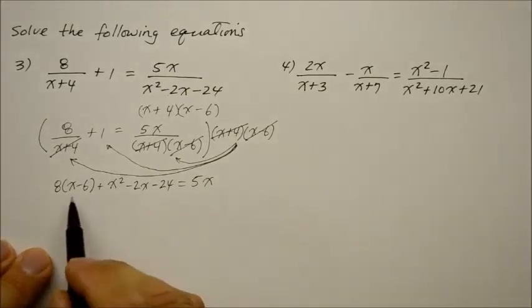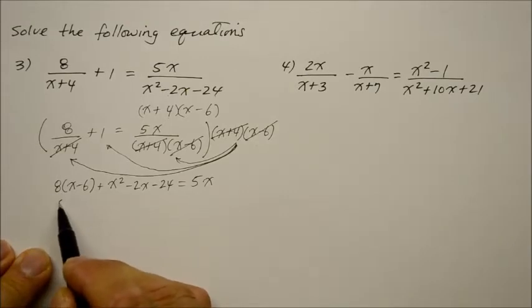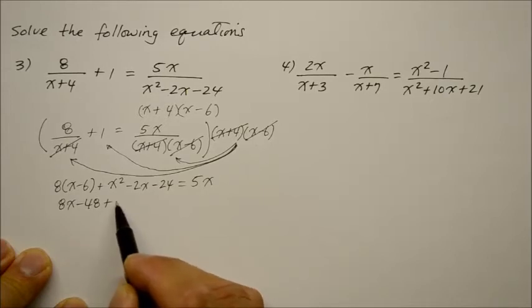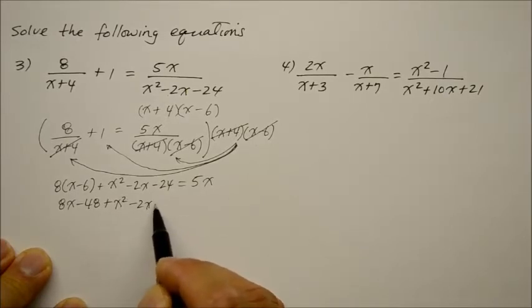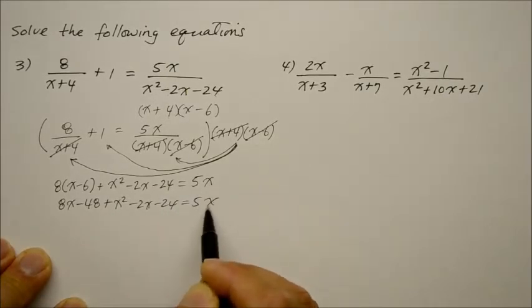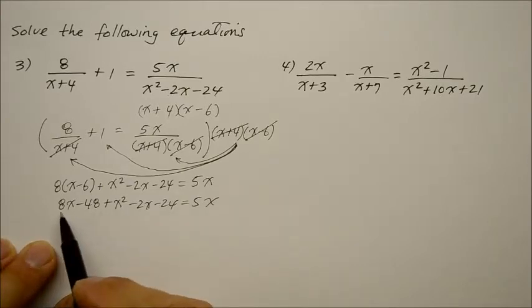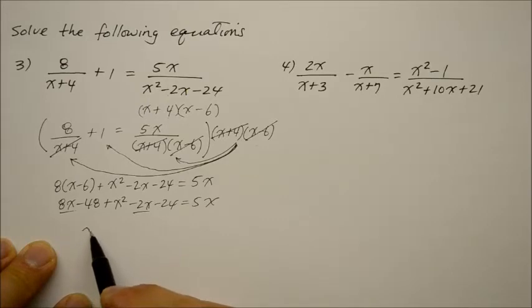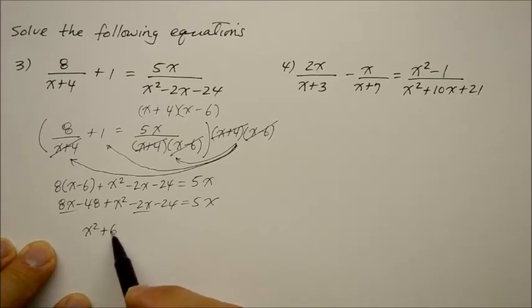Combine all the like terms. Let's evaluate this guy. That's going to be 8x minus 48 plus x squared minus 2x minus 24 equals 5x. To combine, we get 8x and minus 2x, so we get x squared plus 6x.